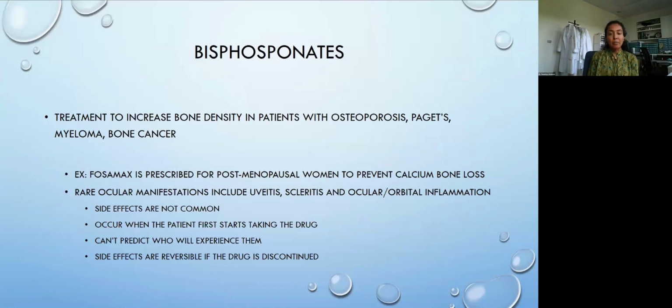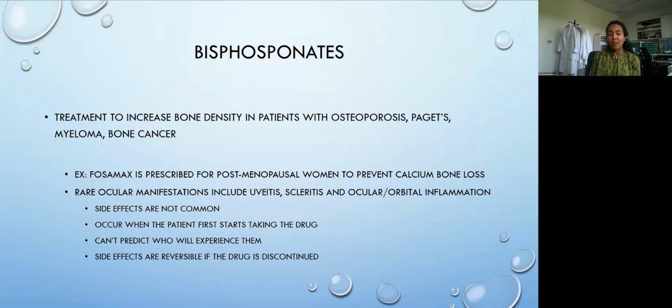Bisphosphonates are used to treat bone density loss in patients with osteoporosis or Paget disease, myeloma, and bone cancer. And Fosamax is prescribed for postmenopausal women to prevent calcium bone loss. Rare eye side effects can include uveitis, scleritis, or ocular and orbital inflammation.